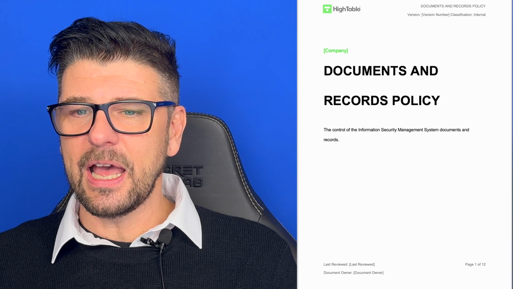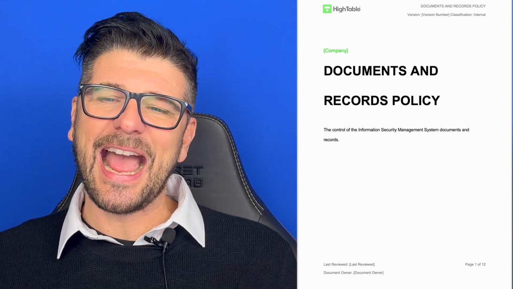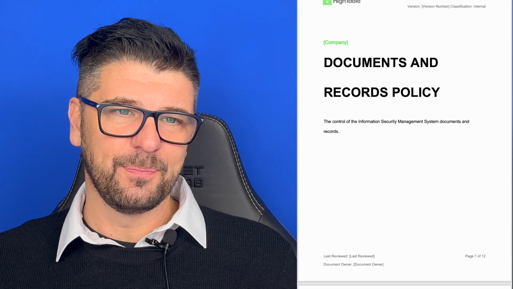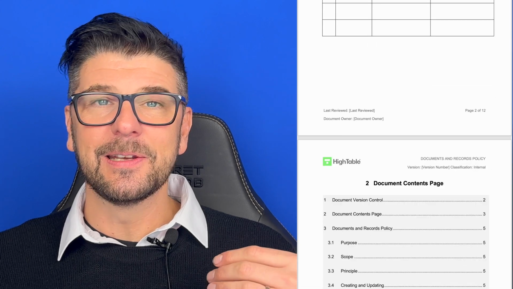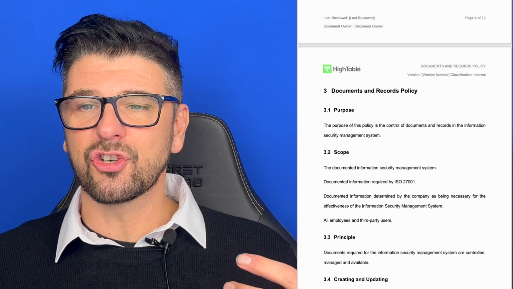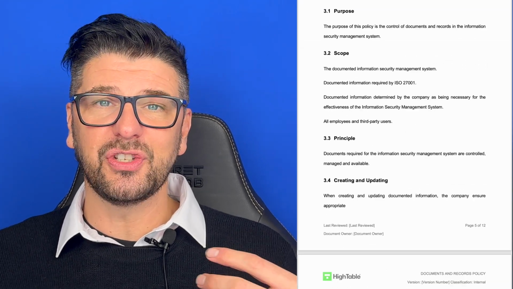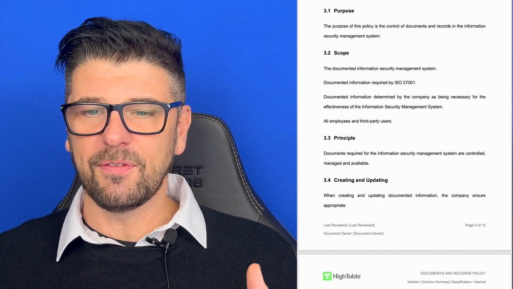So what I want to do is I'm going to have a little look through the documents and records policy. You have a documents and records policy that actually sets all of that out for you. So when we go through the document and records policy, what you're going to see is that we have a purpose, that the purpose of the policy is the control of documents and records in the Information Security Management System. You're going to see the scope of that, the principle of that.